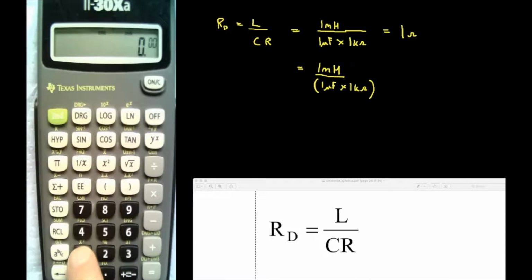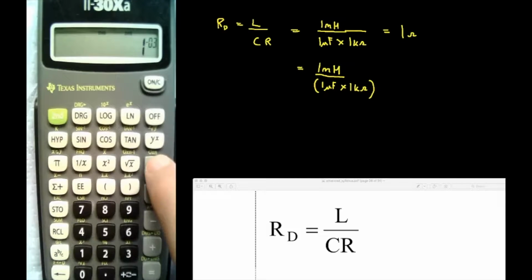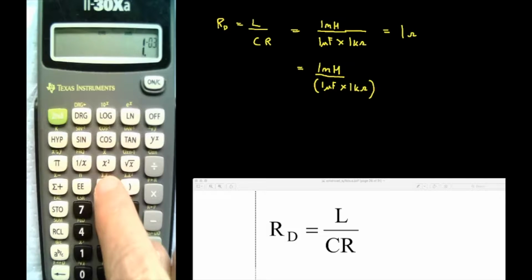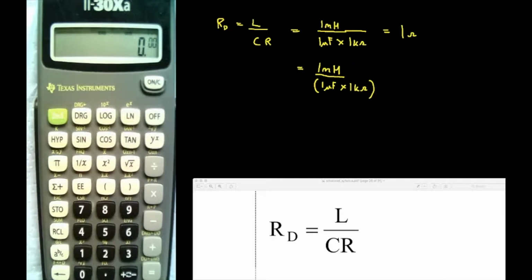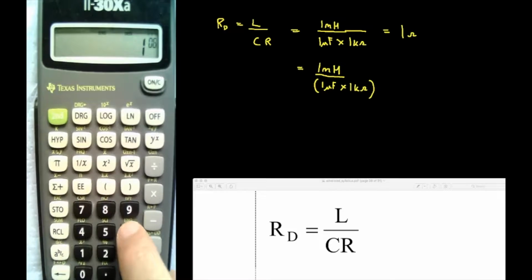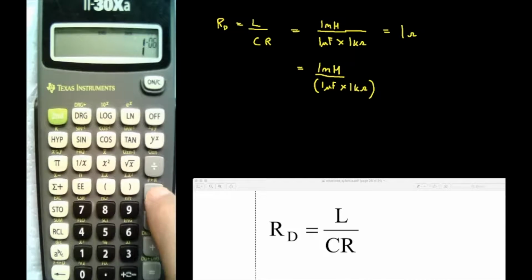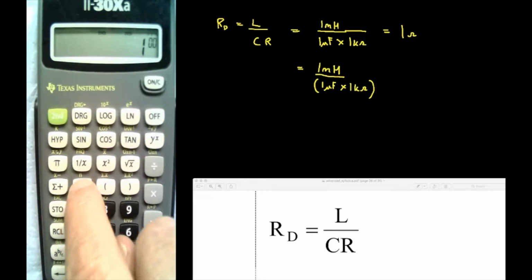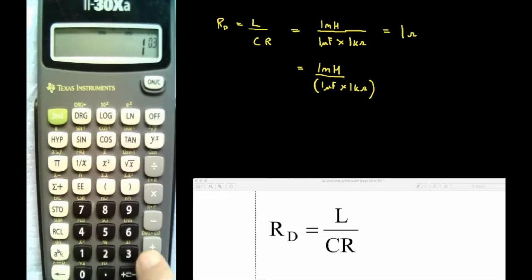So I start at the top, 1 millihenry, which would be 1 EE3, change sign, divided by, I'm going to open the bracket, 1 EE6, change sign, times 1 EE3, close brackets, equals, and I've got 1 again.